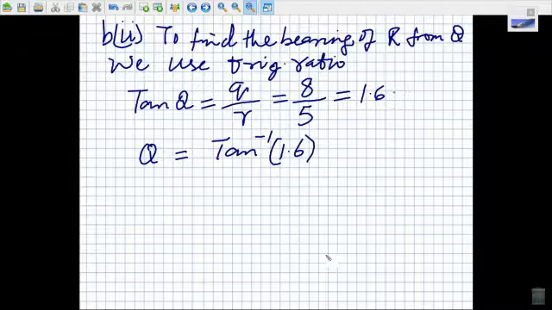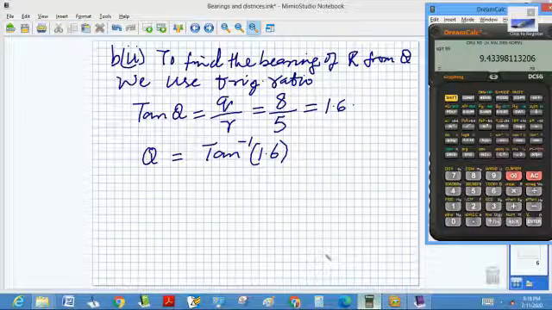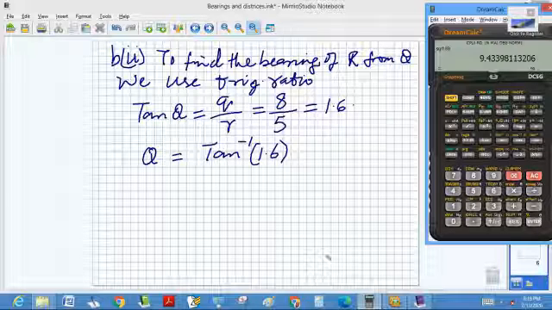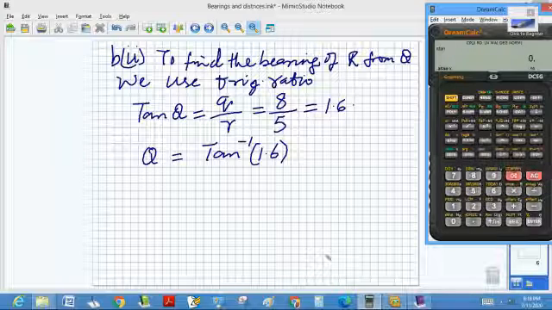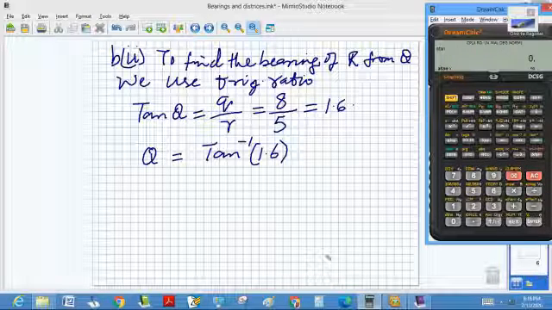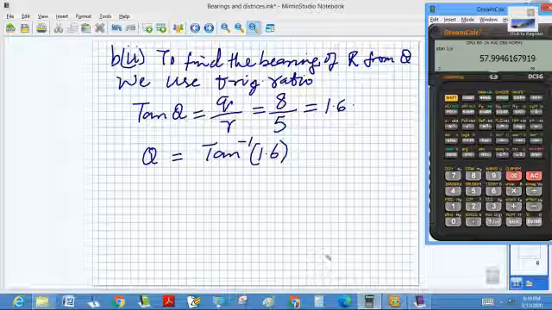So using the calculator, tan inverse of 1.6, shift tan 1.6 equal to, we are having 57.99.